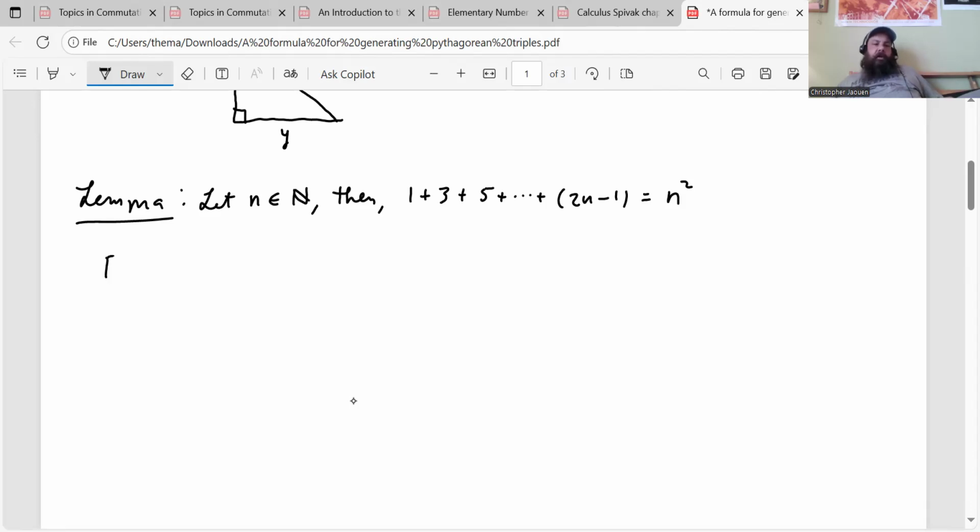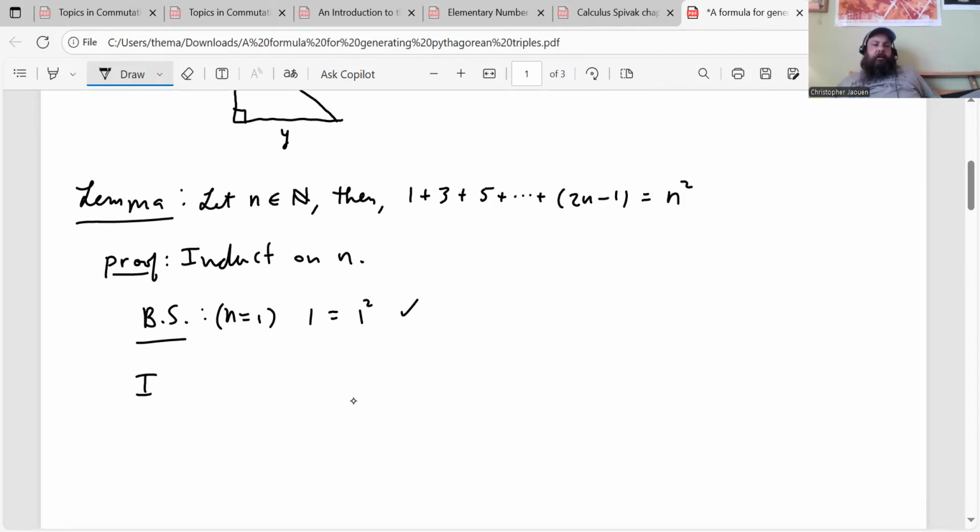All right, so here's the proof by induction on n. All right, this will be some good review for induction proofs. So we start with our base step, which will be n equals 1. And clearly 1 is equal to 1 squared. So the base step is satisfied. Now we can move on to the inductive step.